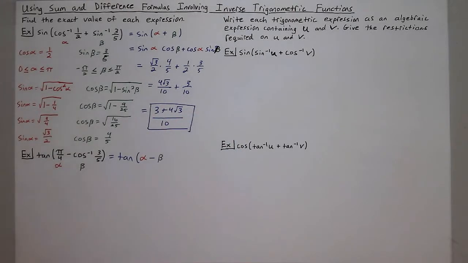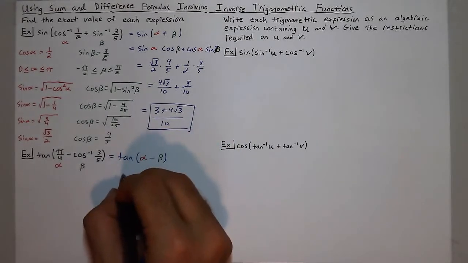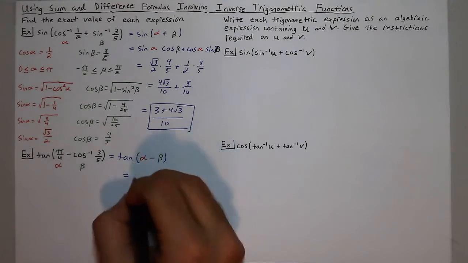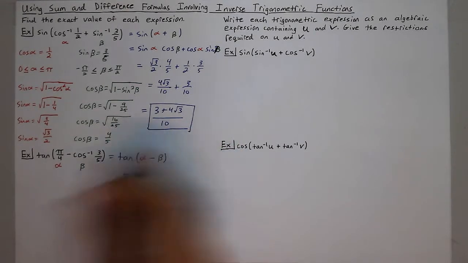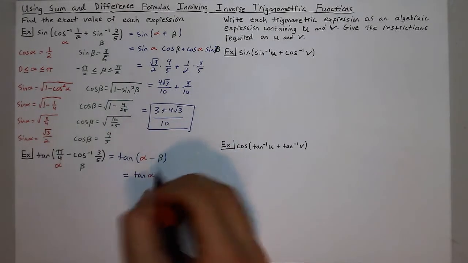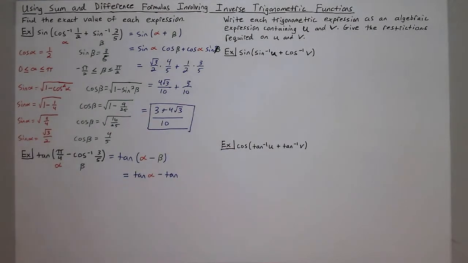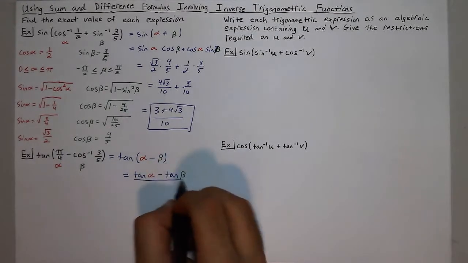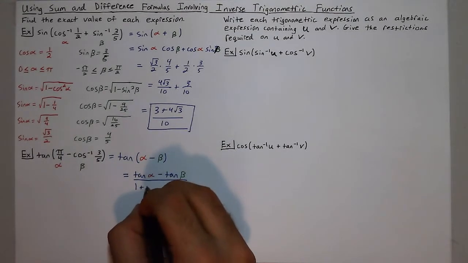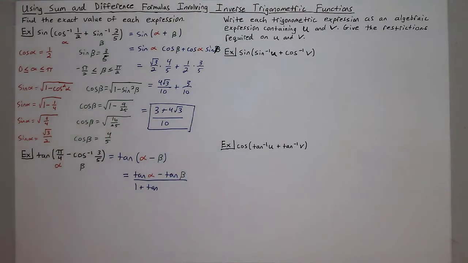And the difference formula for tangent is tangent of alpha minus tangent of beta all over 1 plus tangent of alpha times tangent of beta.